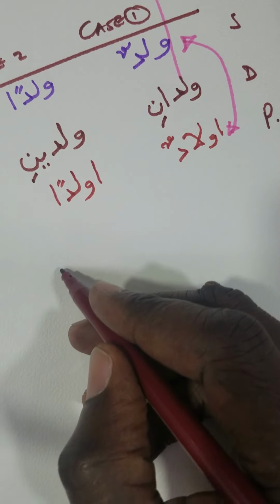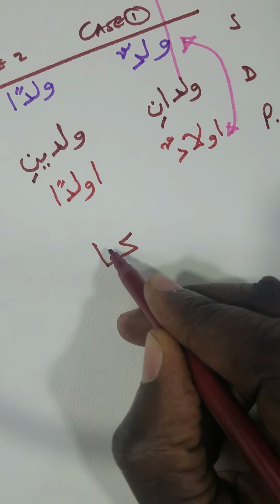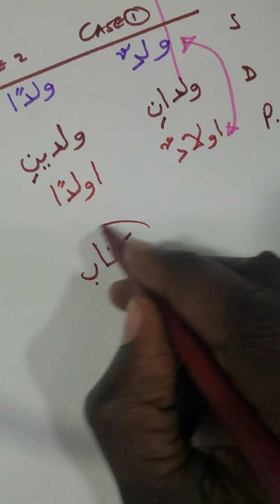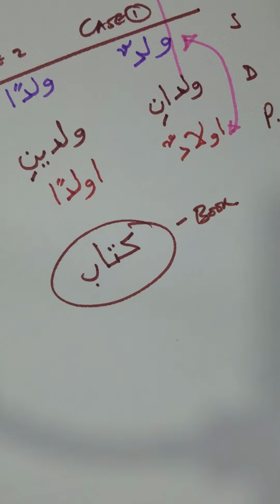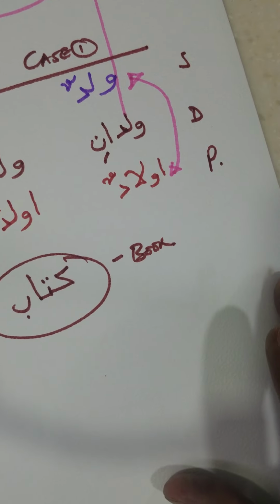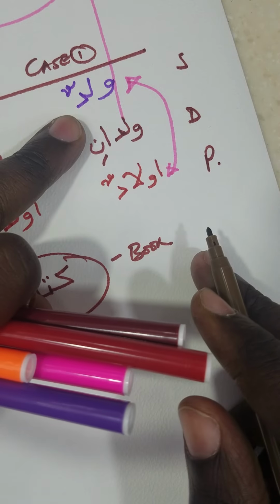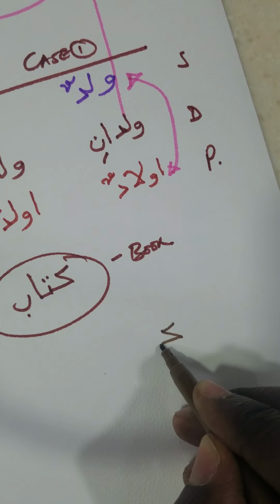We may have the word as kitab. Kitab meaning book. First case singular is going to be kitabun. Like here, waladun, you shall have kitabun.